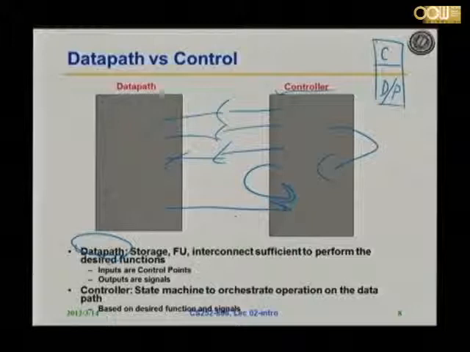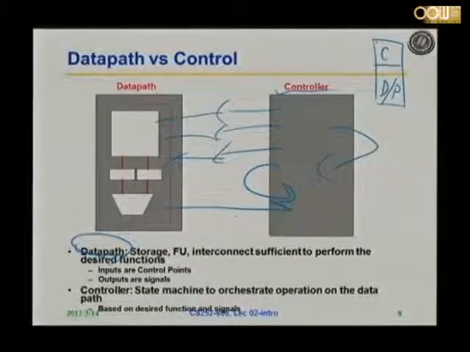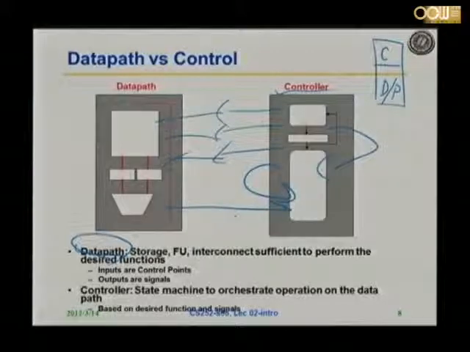Data path then contains some components. The most fundamental ones being the register file, ALU input latches, and ALU, and those links. And the control signal contains instruction decode.